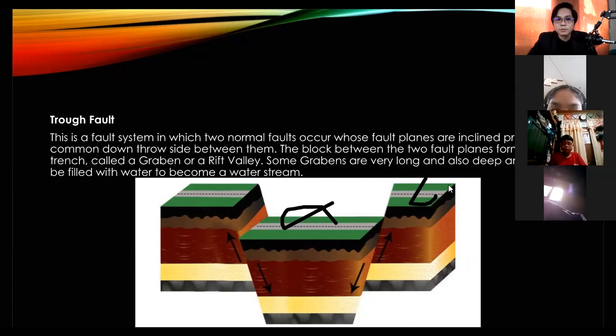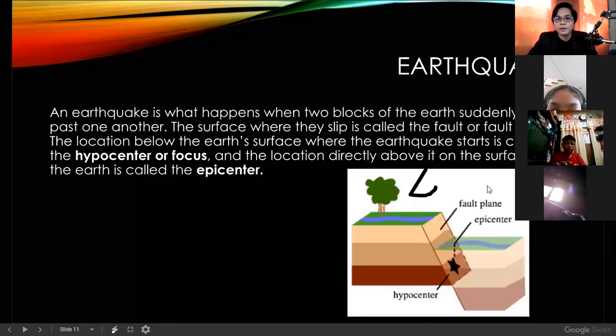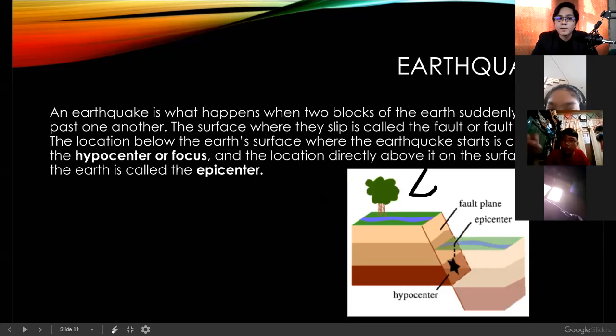Okay, let's move now to earthquakes. Okay, what is an earthquake? By the way, an earthquake is what happens when two blocks of earth suddenly slip past one another. The surface where they slip is called the fault or fault plane. This is the area where the fault happened.